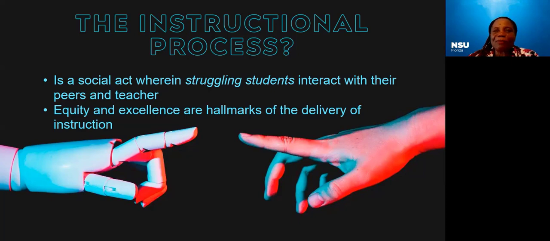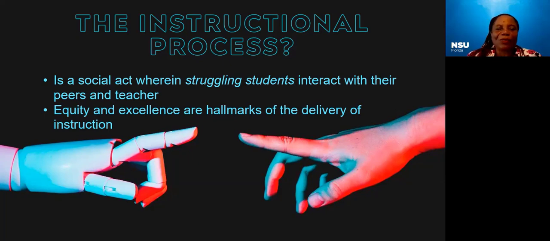So the instructional process, we recognize it as being a social act, wherein the struggling students interact with their peers and teachers. And I think based on that, some decided that they're going to use peer instruction, because they said it's a reciprocal nature. So let's include that.